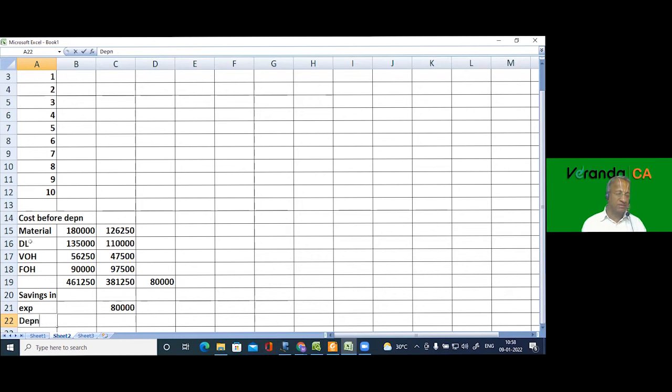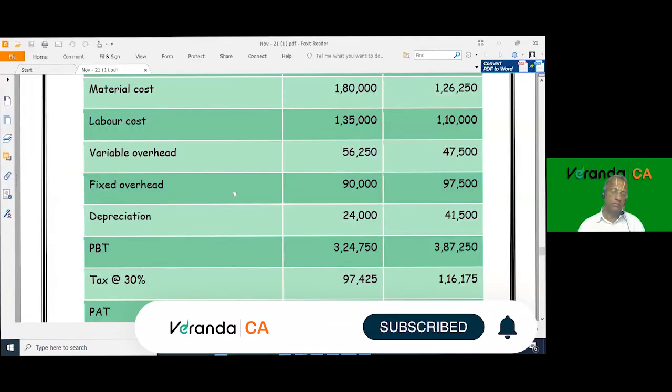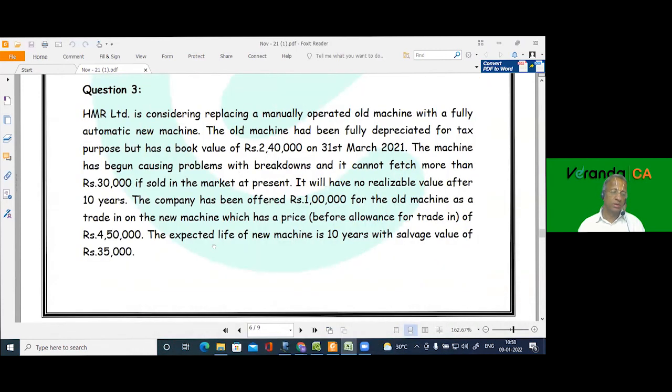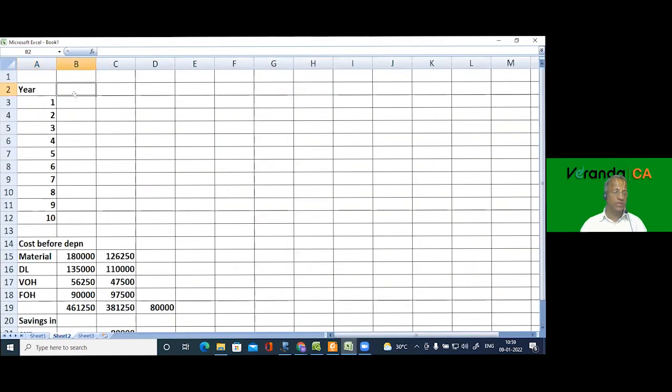Depreciation. So the depreciation portion, they have put it out, so I will put it this way: profit before depreciation is 80,000.